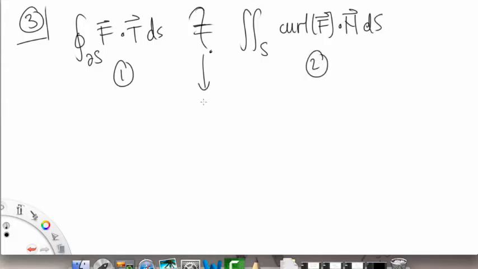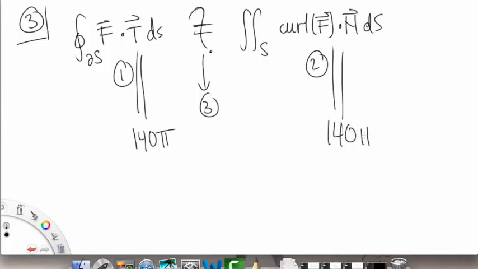And now this is part 3. For this part, we got 140 pi as our result, and then for this part, this was 140 pi as well. So by equivalence, 140 pi equals 140 pi. So we have just verified Stokes' theorem.